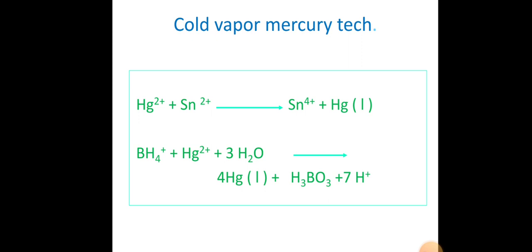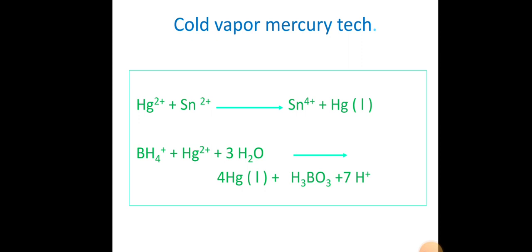So if you convert ionic mercury to elemental mercury, it can be evaporated from the solution, and very easily you can measure its absorbance without needing any flame.